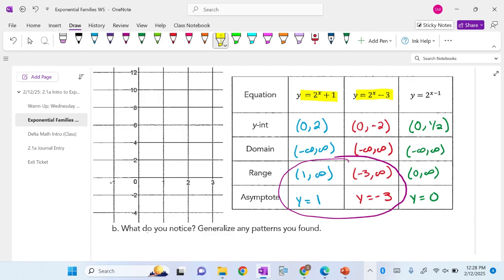Did the ones that we did previously, in the table before that, were we adding or subtracting something outside of the base? No. We did not. That's what changed. We were adding and subtracting things to the outside of our base. Now, think back to your transformations. What type of transformation would that be?